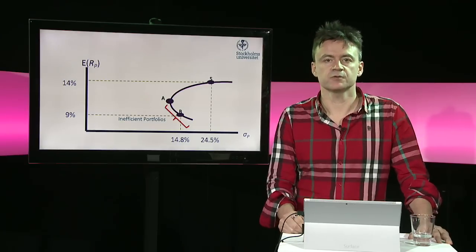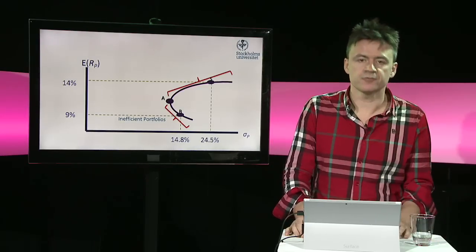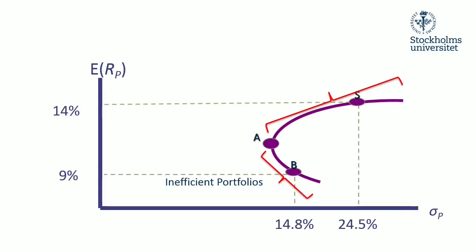No rational investor would choose them. And all investments in that region are potentially the choice of a rational investor, and hence they're called efficient portfolios. Of course, the actual choice of a given investor depends on his or her taste in the trade-off between reward and risk.